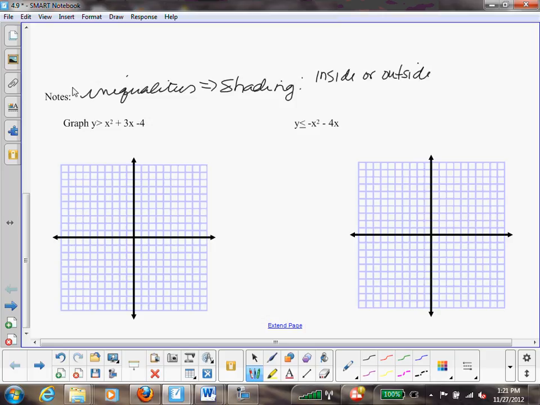My parabola is either going to be a dotted or a solid line. The dotted is because it's strictly greater than or less than, right? Just like our lines. When we did our inequality of our linear functions, we made them dotted if it was strictly greater than or less than. We made them solid if the equality was in the problem, as in this one.